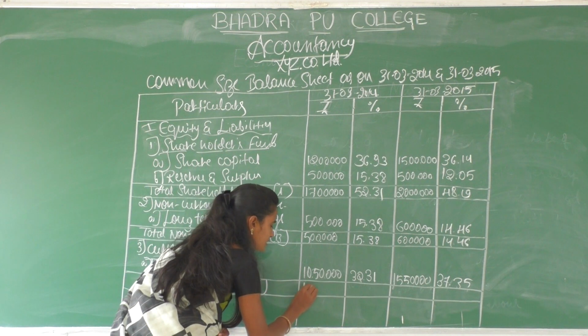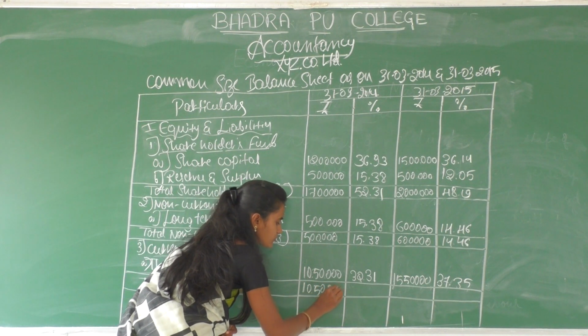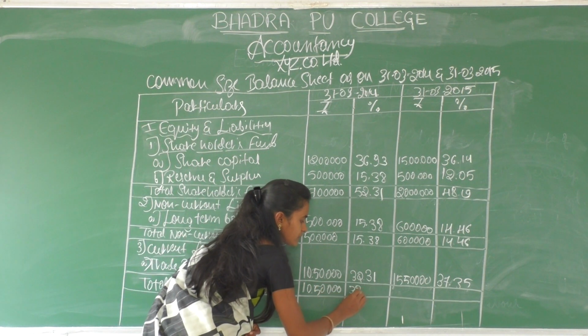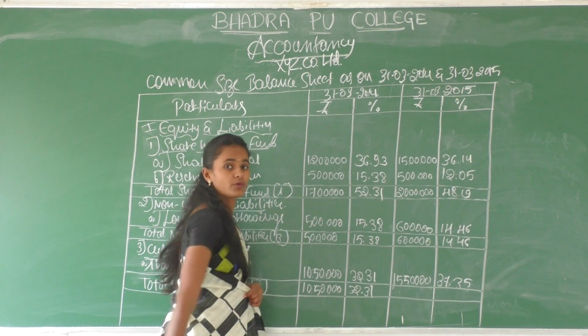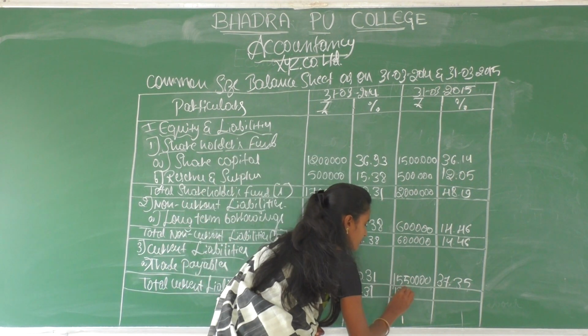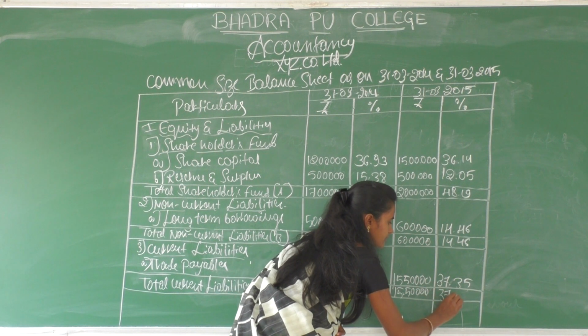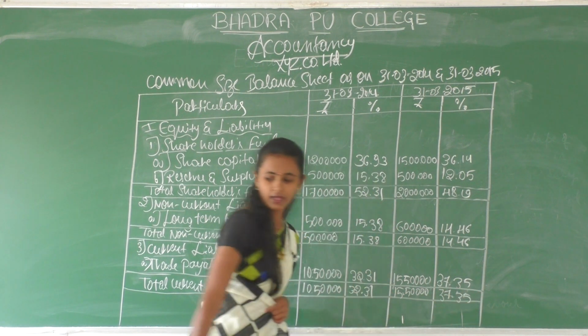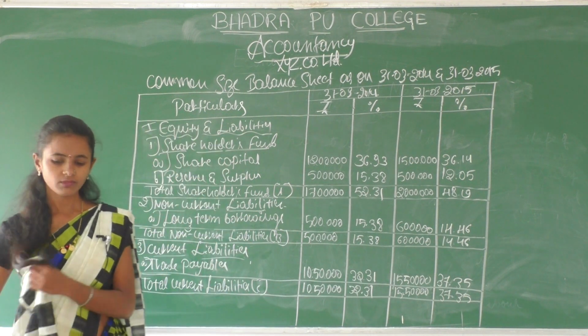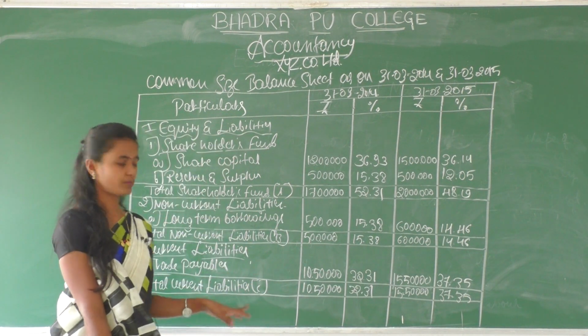Again it's 10,50,000 and 32.31 percentage, and here 15,50,000 and 37.35 percentage.